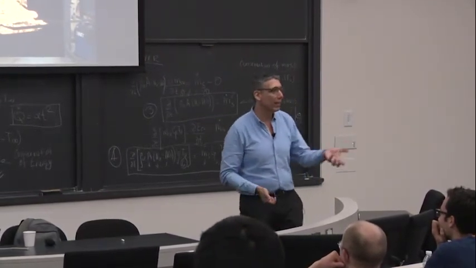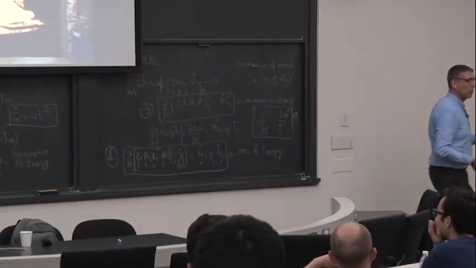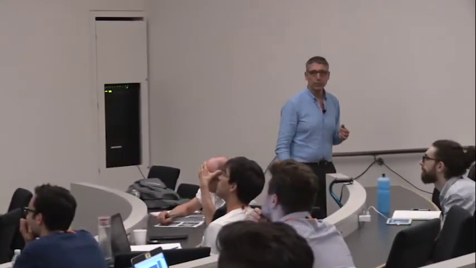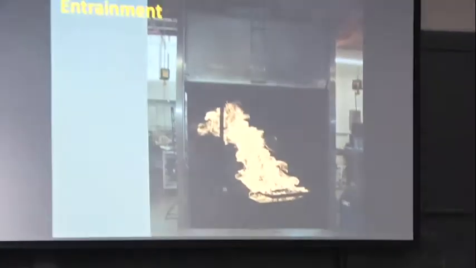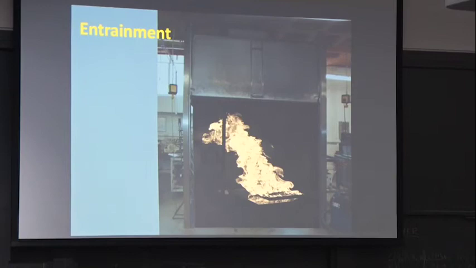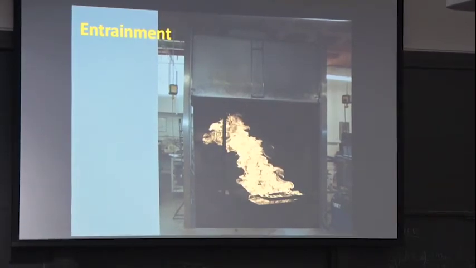So how would you devise an experiment that will enable you to establish how much air is being entrained? So let's start by thinking first. What do you think are the variables that affect how much air is being entrained? Fire diameter and height.